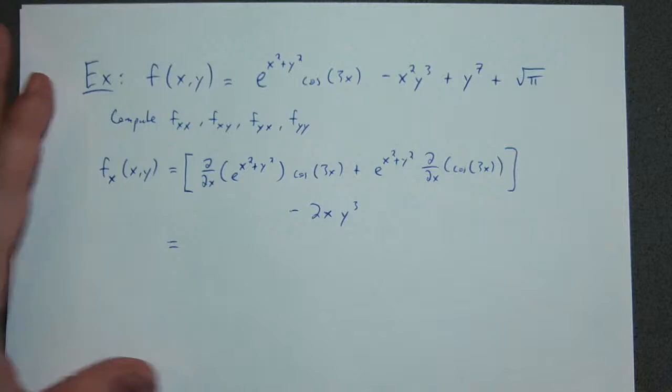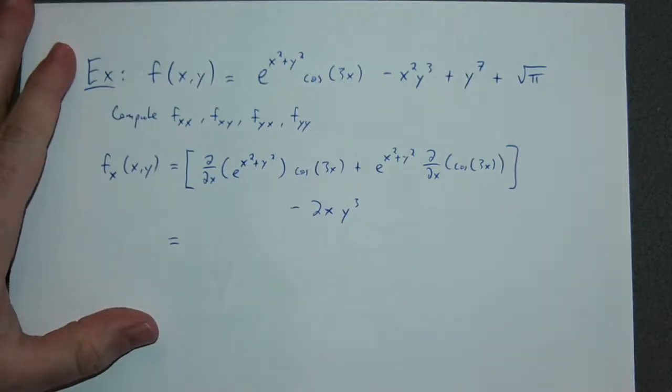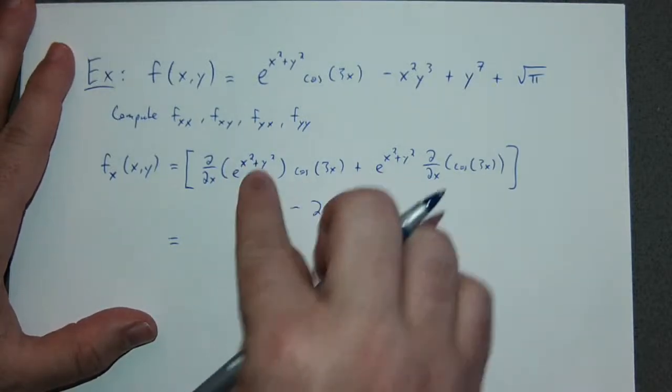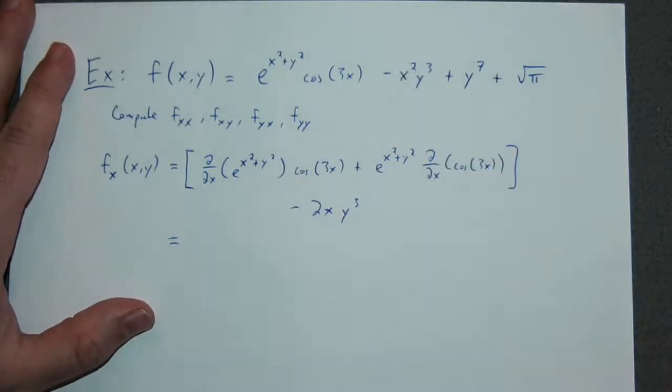So then what is the x partial of e to the x squared plus y squared? This is going to be the derivative of e to the blah, which is just e to the blah, and then I'm taking the derivative of blah, the derivative of x squared plus y squared.